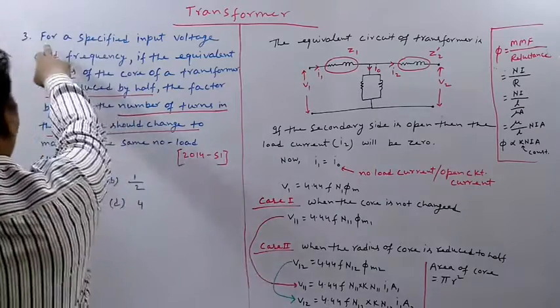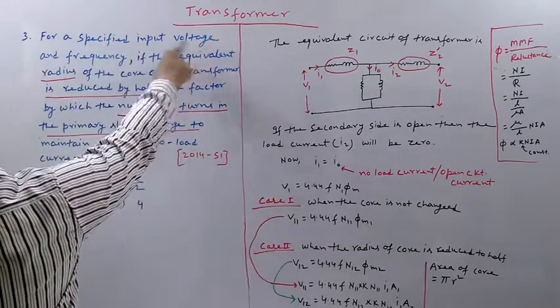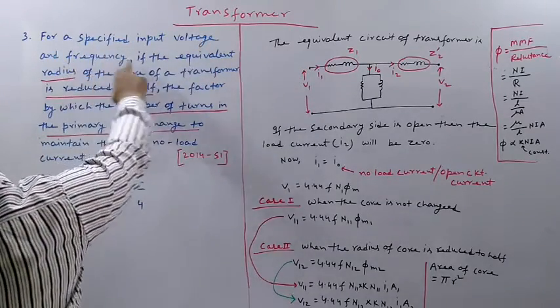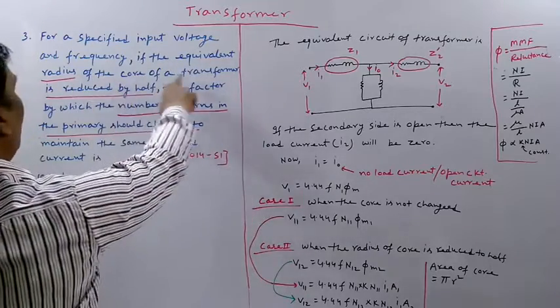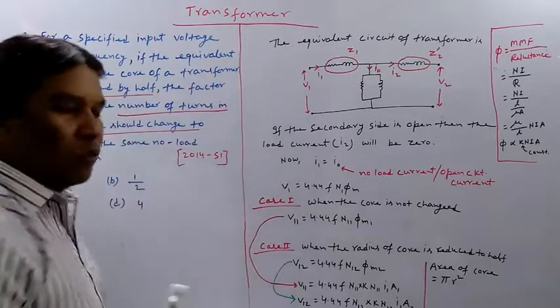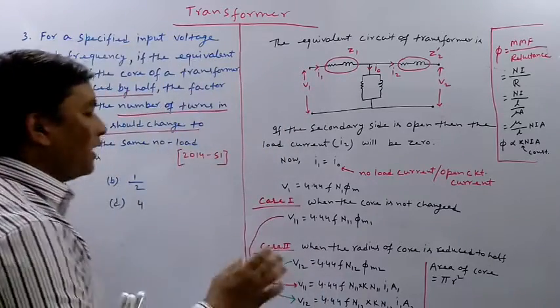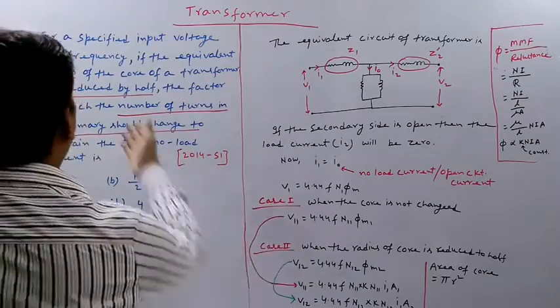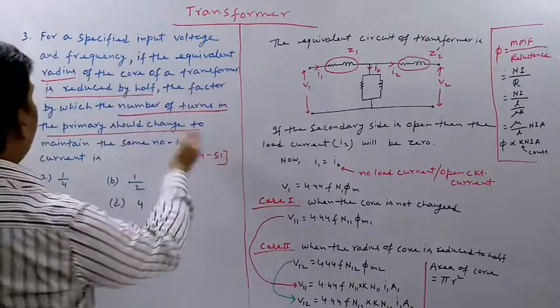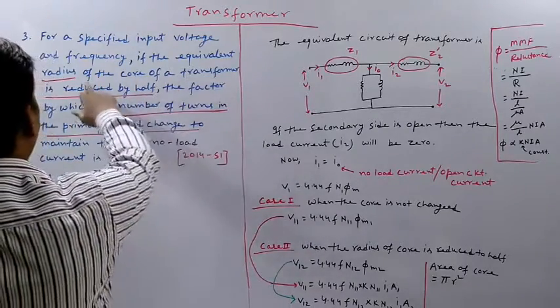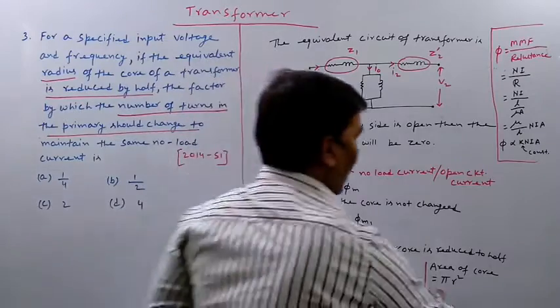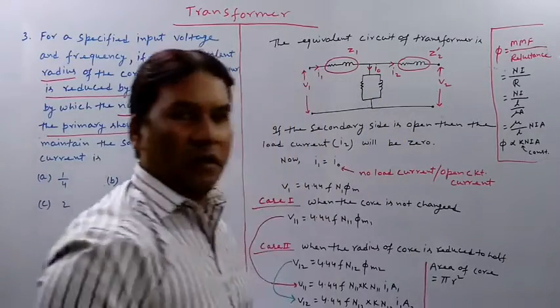It is written that for a specified value of input voltage and frequency, the equivalent radius of the core of a transformer is reduced. So the core is cylindrical here, the radius is reduced, and the area of the core is pi r square.